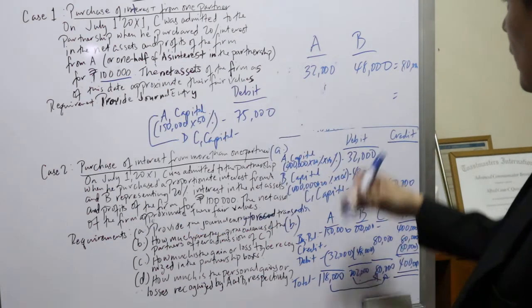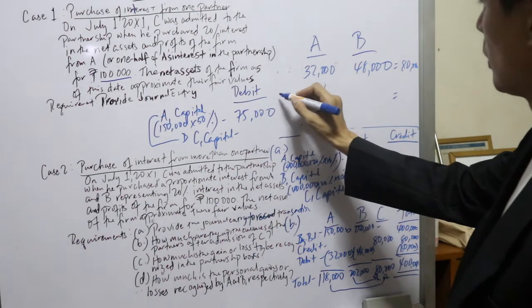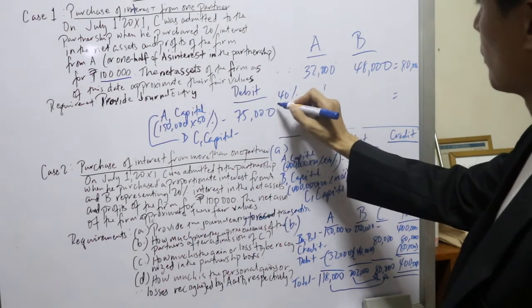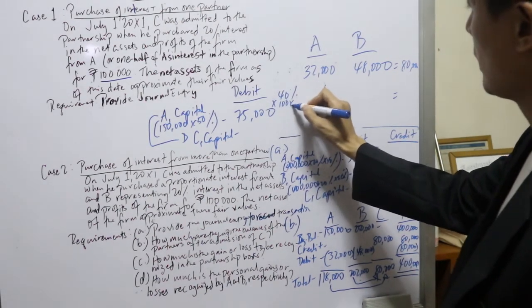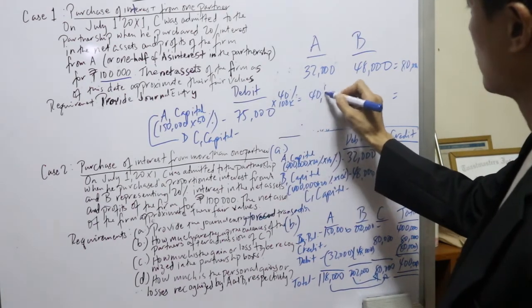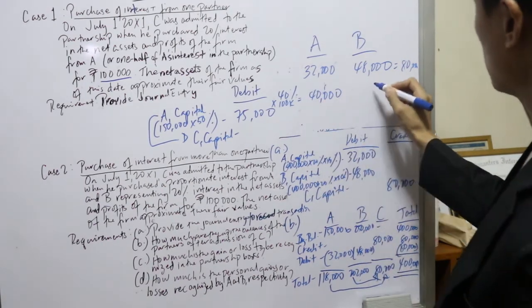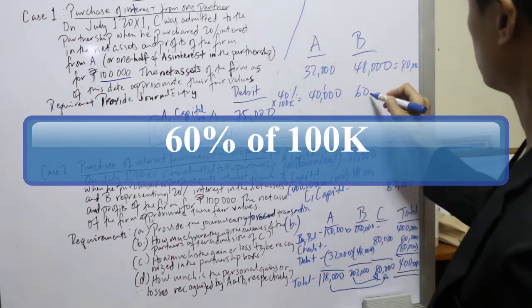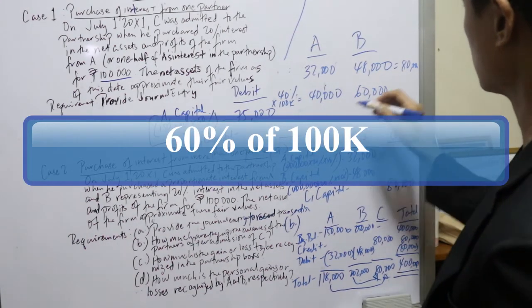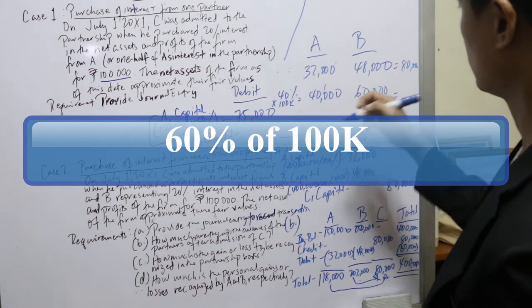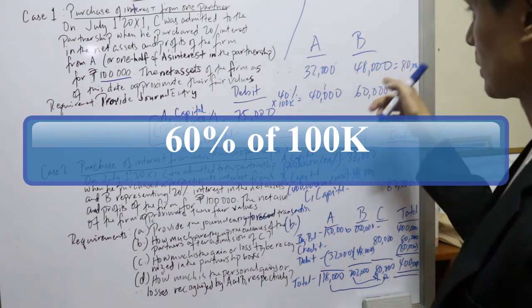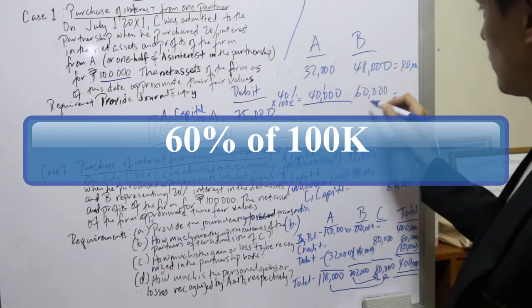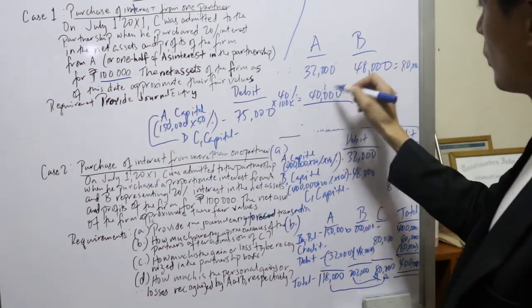Kasi bakit? Kasi 40% kay C, 40% of 100k is 40,000. Pero yung kay B is 60,000, because 60% of 100,000 is 60,000. So kukunin mo lang yung difference niyan.